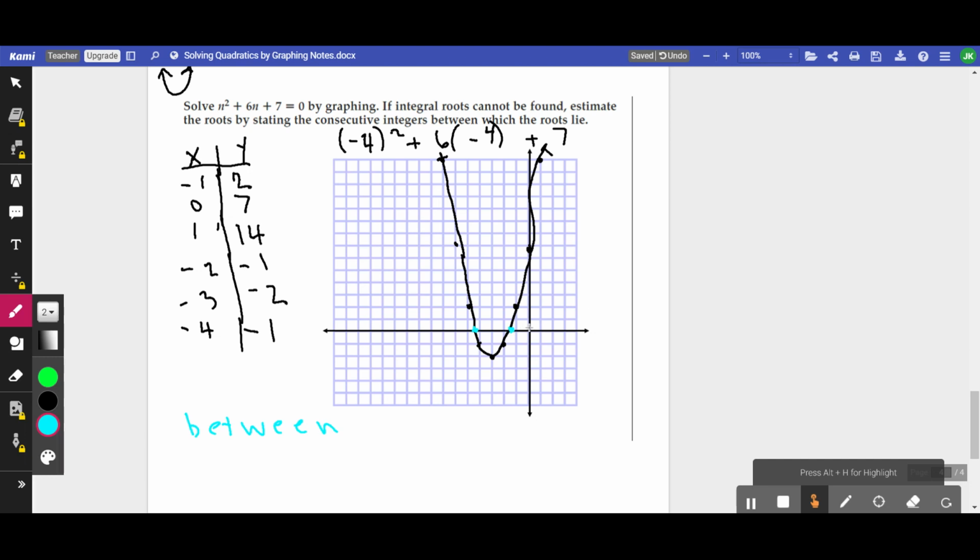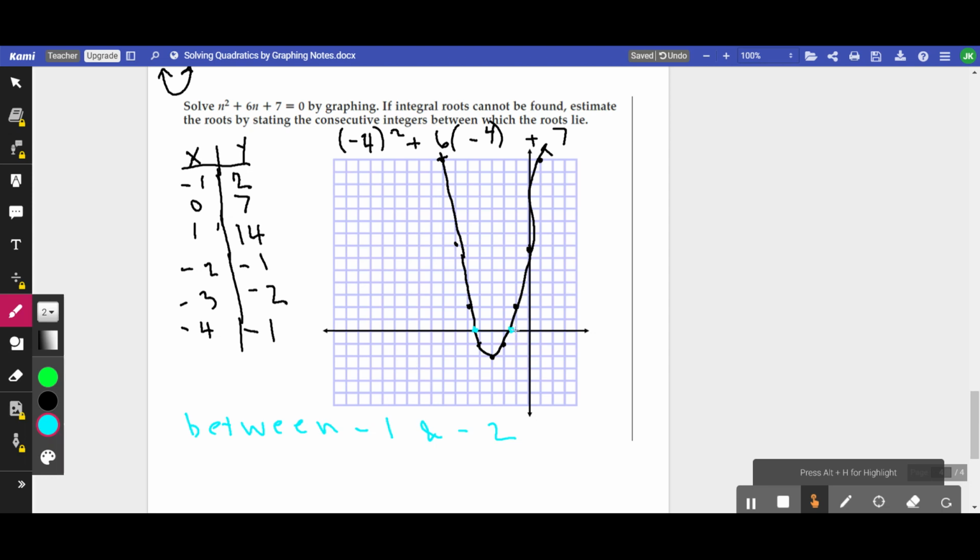For this one though, since this is 0, -1, -2, this will be between -1 and -2 on your x-axis for the first solution for this dot here. So that'd be between -1 and -2. Later on, you're going to learn other methods you can use to solve, but for graphing, if it's not a whole number, then it will just be approximations.